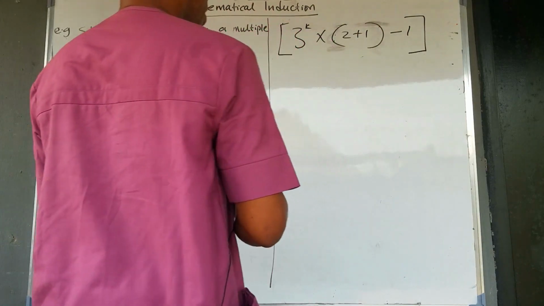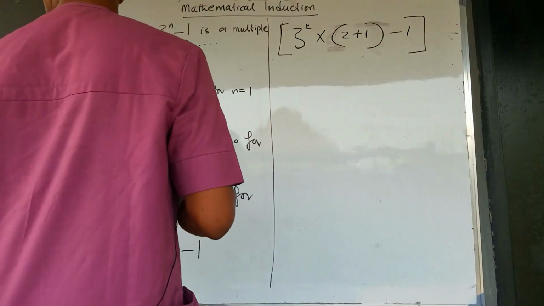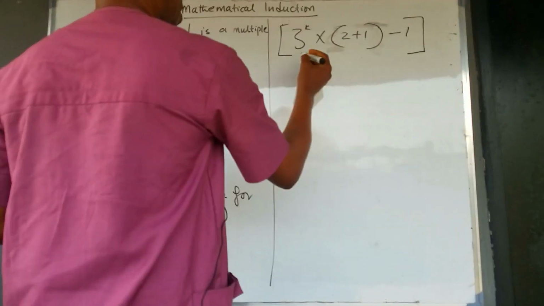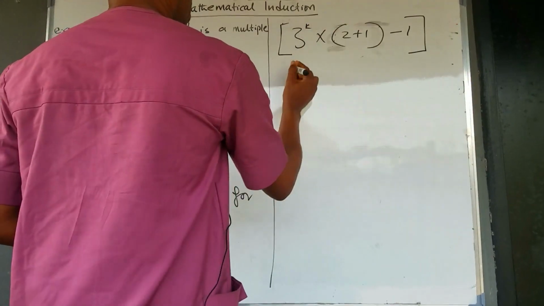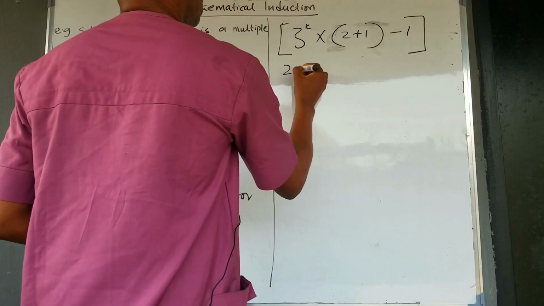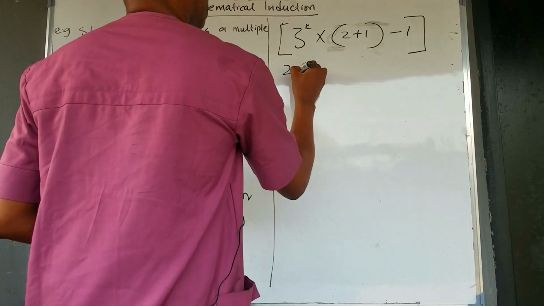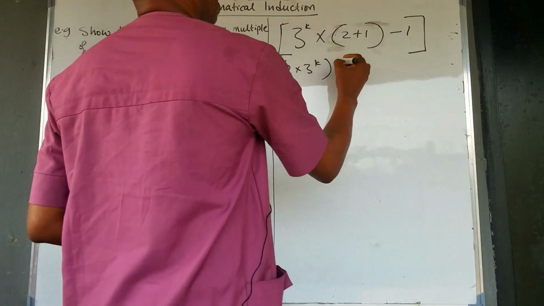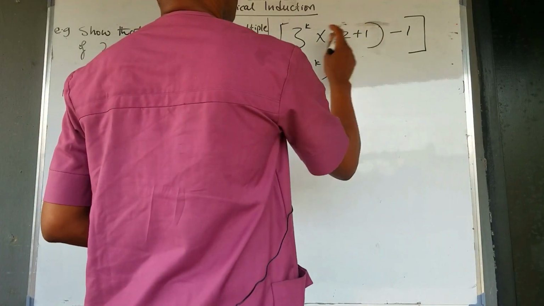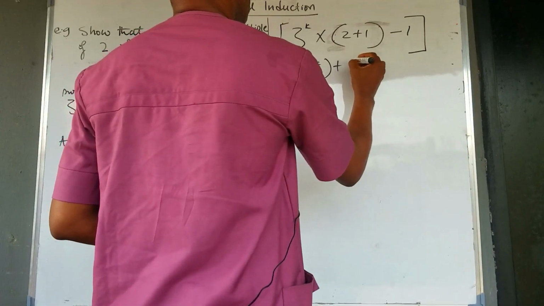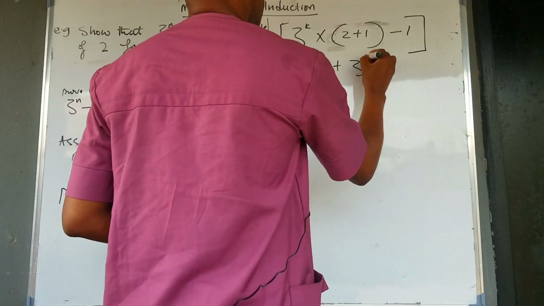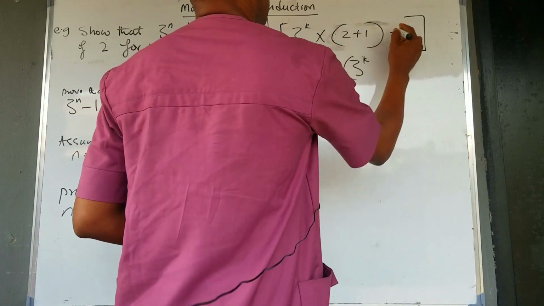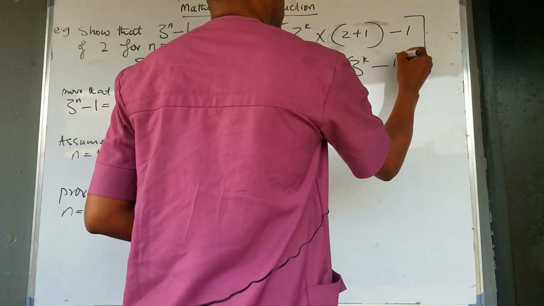Let's see what it will give us. Now, 3^k times 2 will give us 2 times 3^k. That's one part of it. Then plus 1 will become 1 times 3^k. That will give us 3^k. And then we also have minus 1.